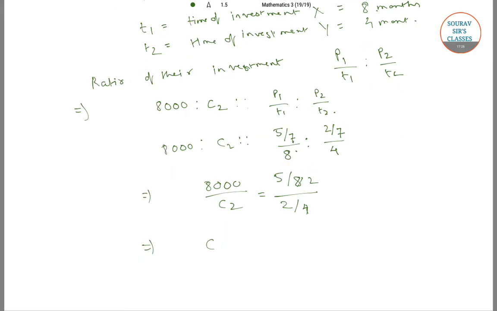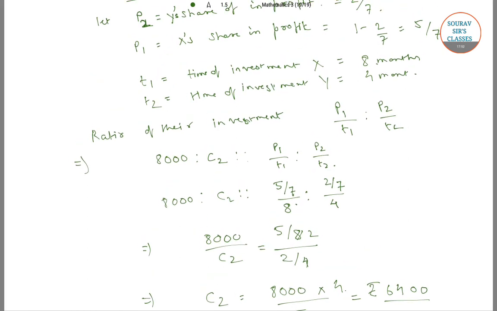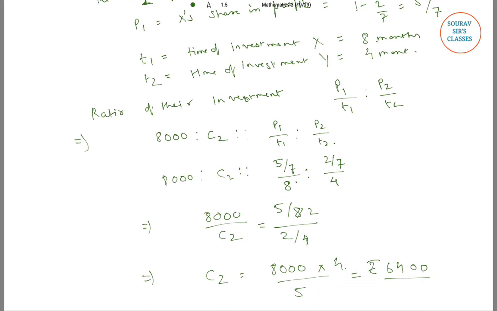This implies C2 is equal to 8,000 into 4 divided by 5, which is equal to 6,400. So, the money invested by Y in the business is 6,400.